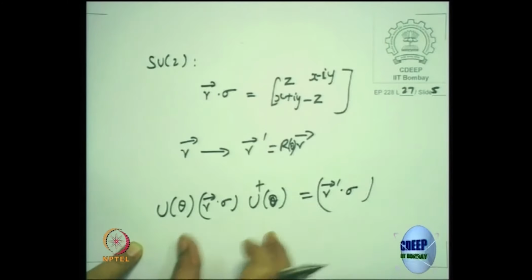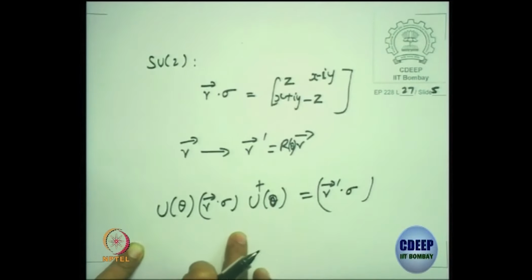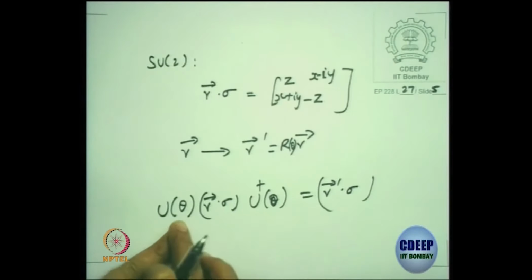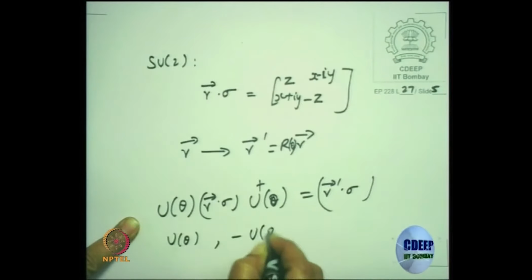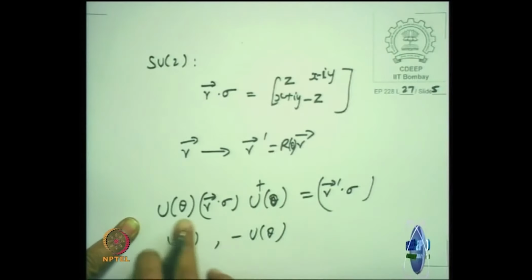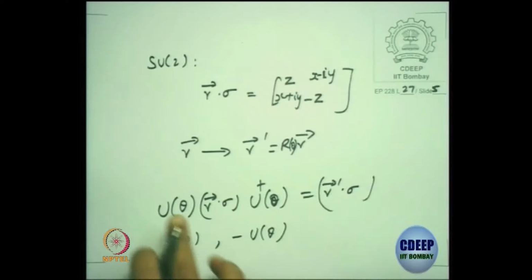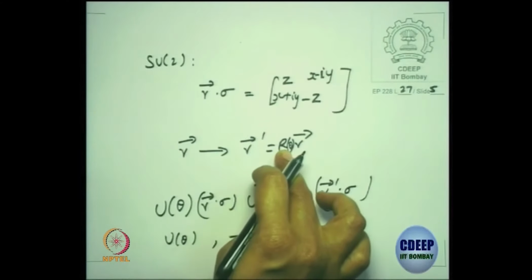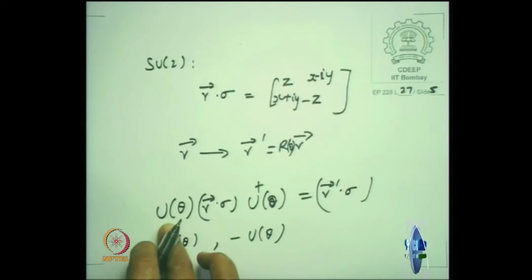There's something now you can note: if you take the 2 signs here, you can take U of theta and minus U of theta, and both will give you the same equation, right, because there are 2 U daggers. So, the identity matrix here can be represented by either identity or minus identity.